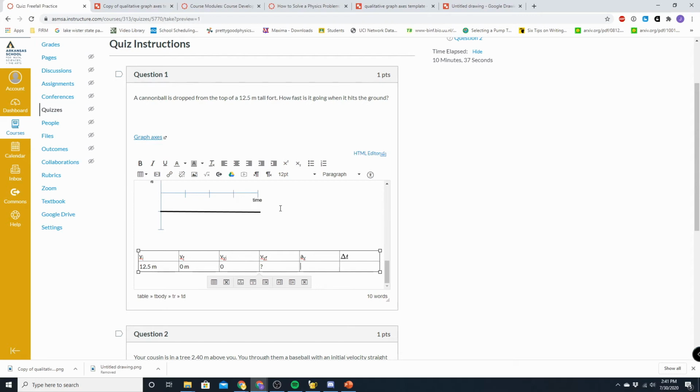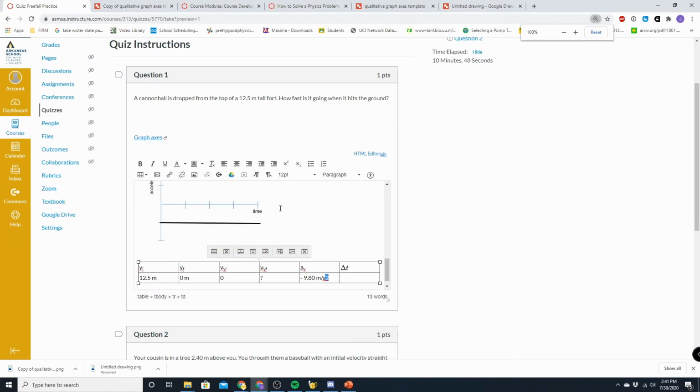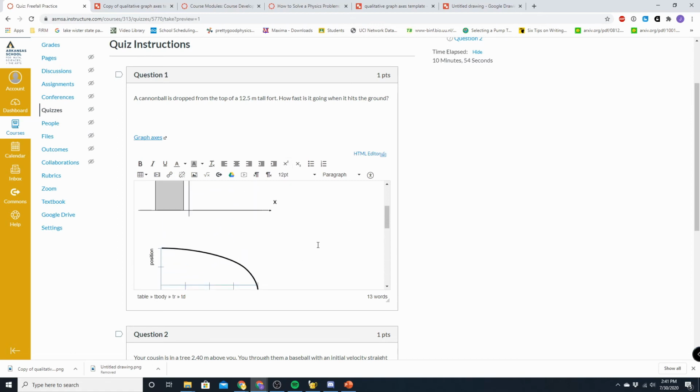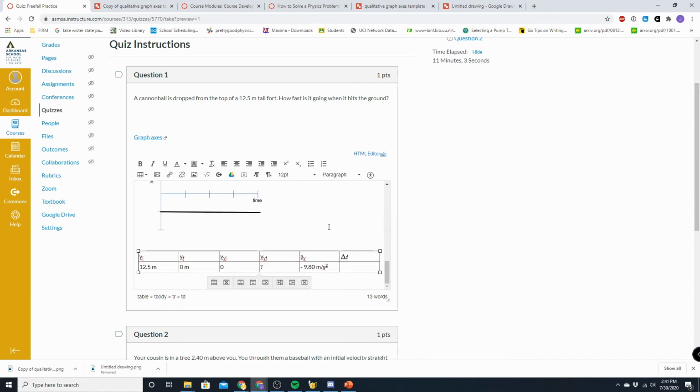Because this is free fall, and so we know that the value is 9.80 meters per second squared. And then finally, we do not immediately know how much time it takes, right? So that is the 4th tick mark, but nothing immediately tells us how long that's going to be.